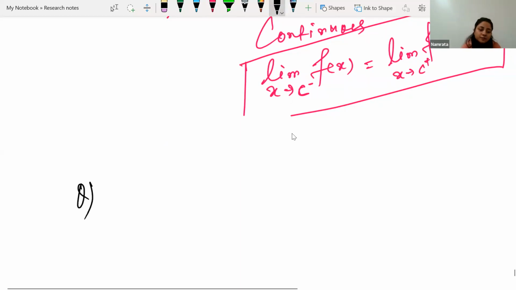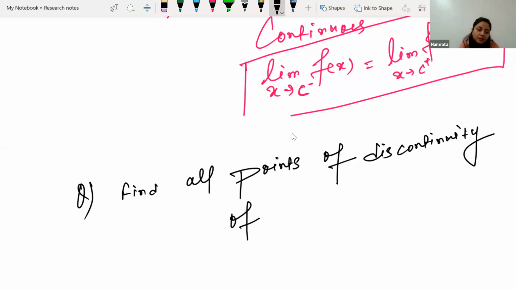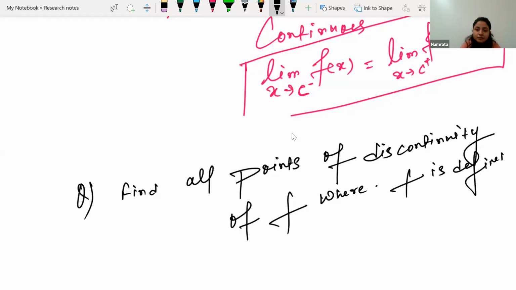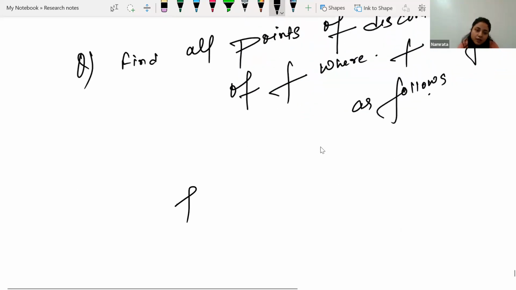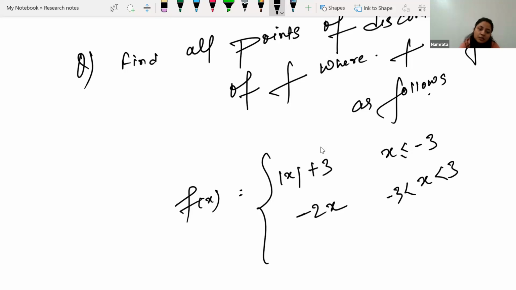The first question says, find all points of discontinuity of f where f is defined as follows. f of x is defined as modulus of x plus 3 when x is smaller than or equal to minus 3, minus 2x when x is greater than minus 3 and less than 3, and 6x plus 2 when x is greater than or equal to 3.